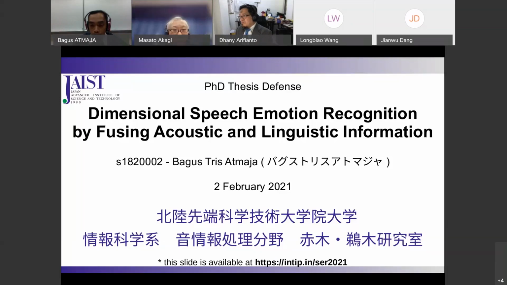But using generalization, also the previous research in our lab using multilingual data, we can obtain the commonalities or similarities between one language and another. So it is still possible to recognize the emotion regardless of the dialect or the tribe or the language.